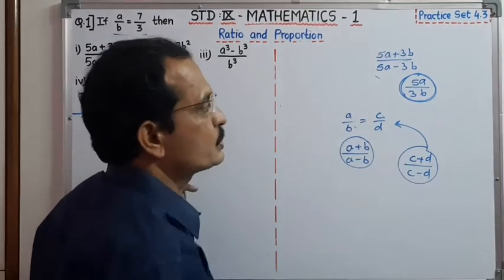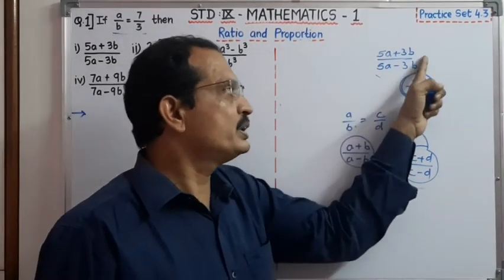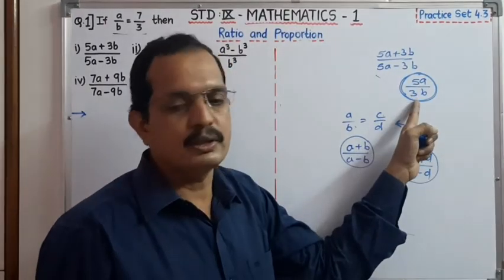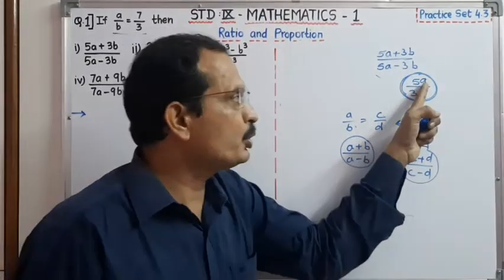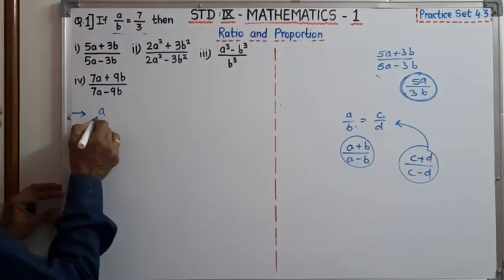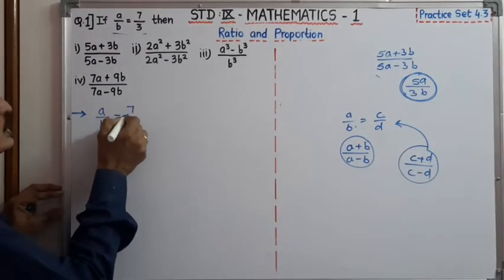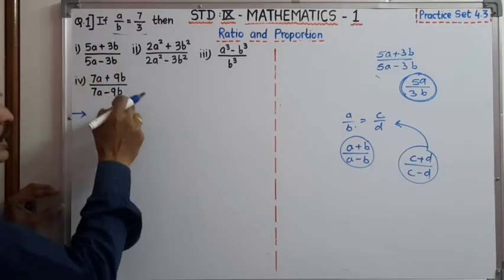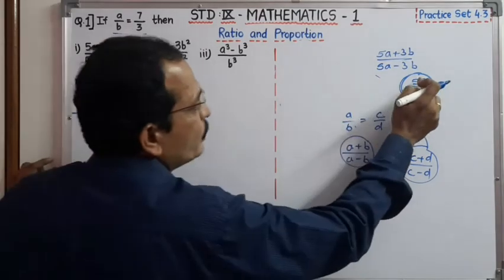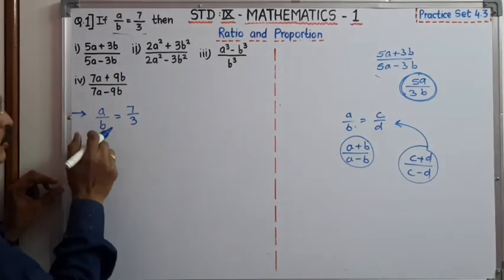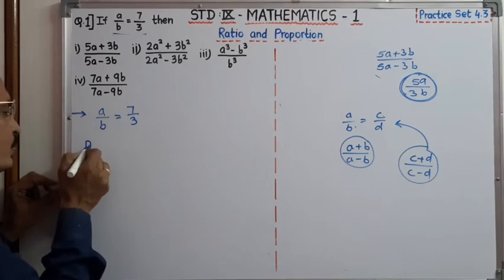Therefore, for getting the value of this, first of all we must know the ratio 5a upon 3b. Dear student, is 5a upon 3b given? No. What is given? It is a upon b is equal to 7 upon 3. For getting the value of this, what we require is 5a upon 3b. Therefore, for that purpose, what we have to do?